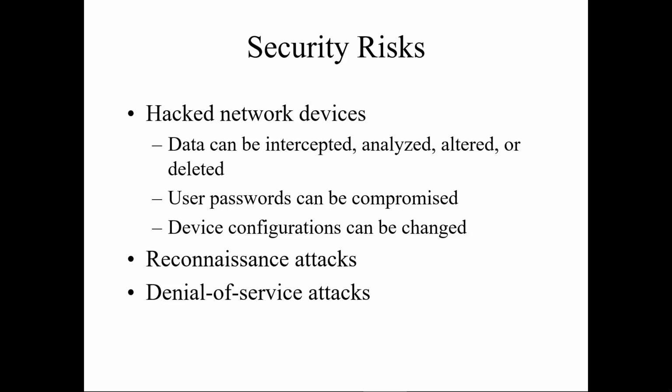A great example that I've just run into, at my day job, we've been talking about how to implement ARP poisoning and how simple it is to actually do ARP poisoning. And so we know that those types of devices could be hacked. We've been looking at ways to mitigate that risk.